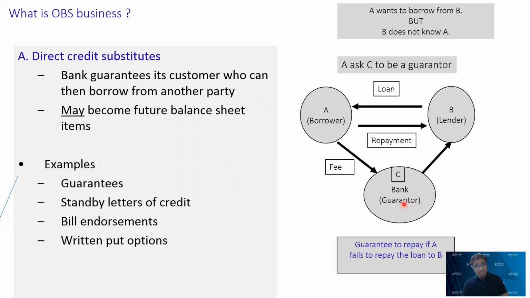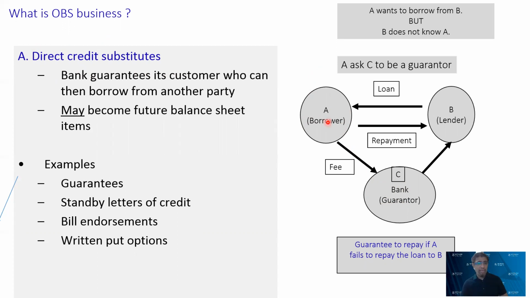Now, the problem is if the borrower defaults and doesn't pay at maturity, the bank becomes liable, and this off-balance sheet business will become a liability. This is only in the case of a default.